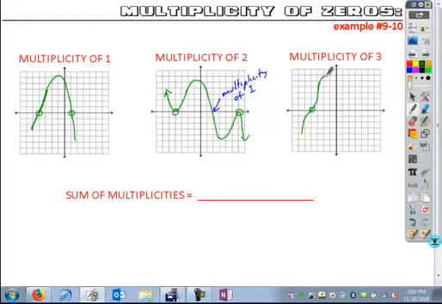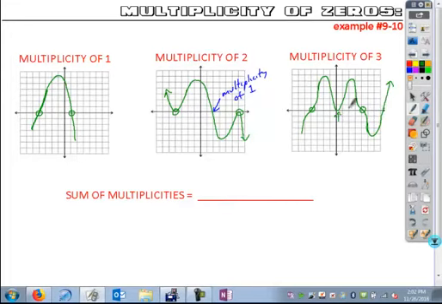So if the graph continues, comes here, bounces off, this would be a multiplicity of what? 2. If it comes back down like this, it's going to be a multiplicity of 3 here, again, it has that sort of S curve to it. And if it comes back up straight through like this, this would have a multiplicity of 1.